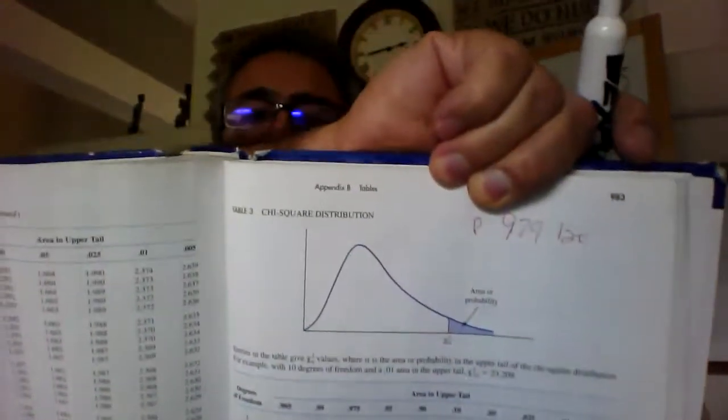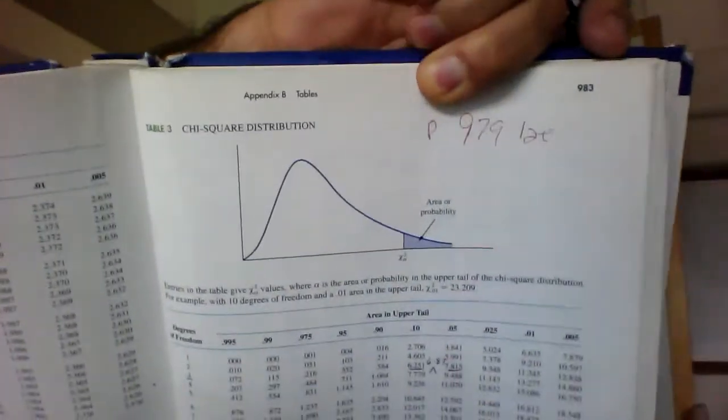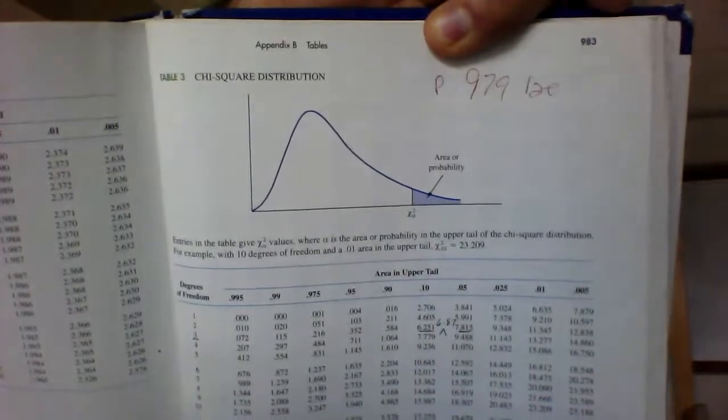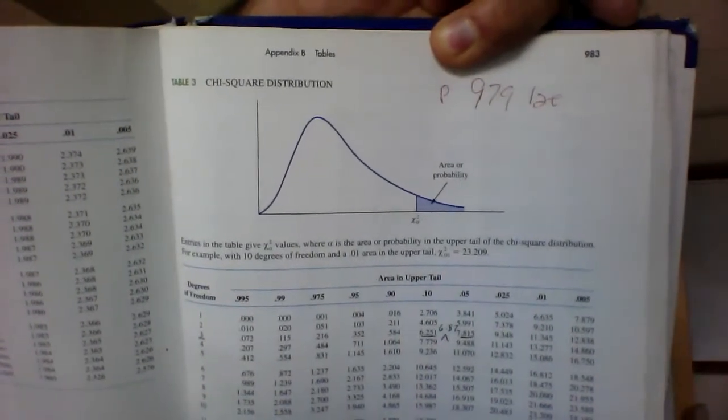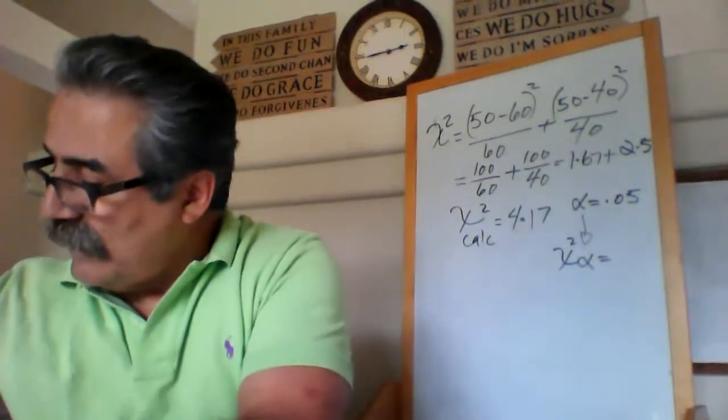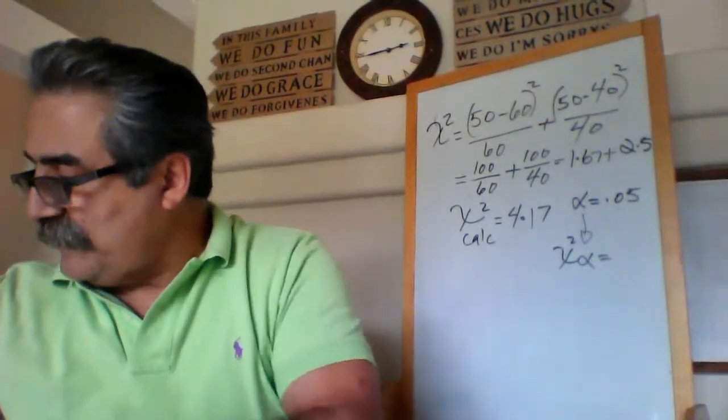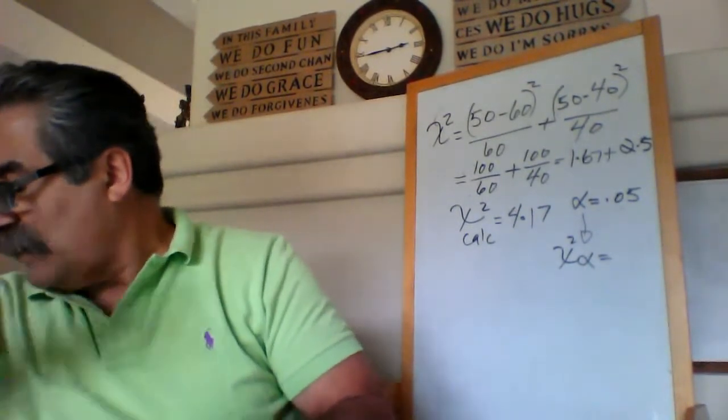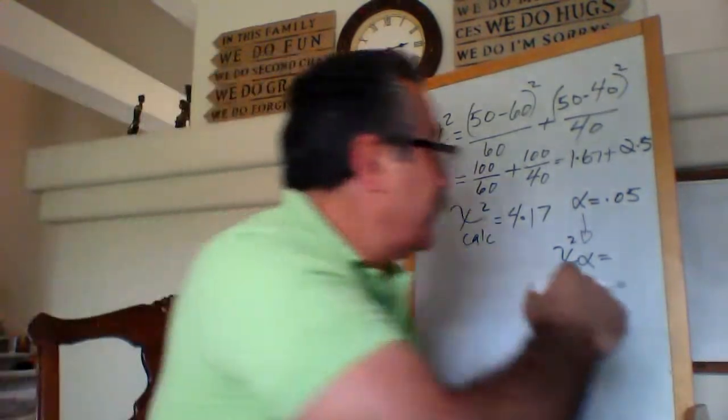I don't know if you guys can see that. Under 0.05 across from 1, 3.841.